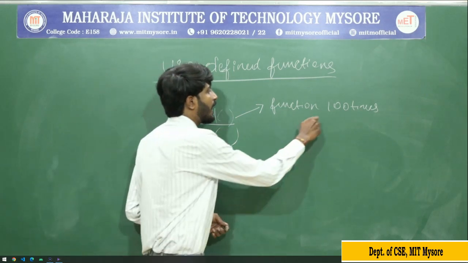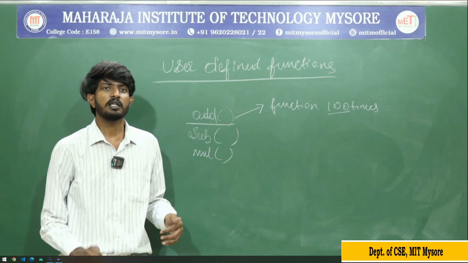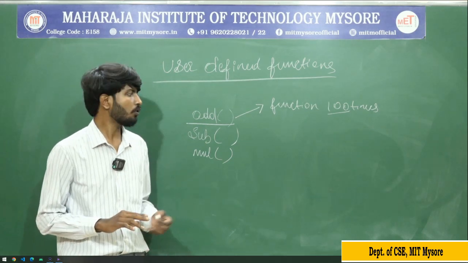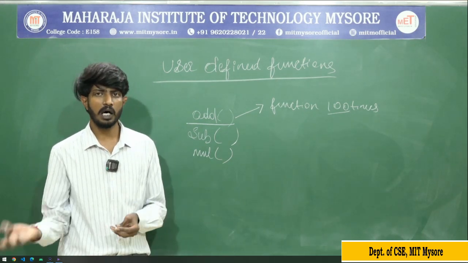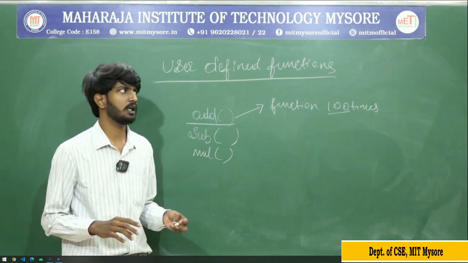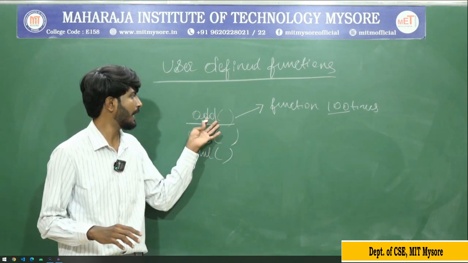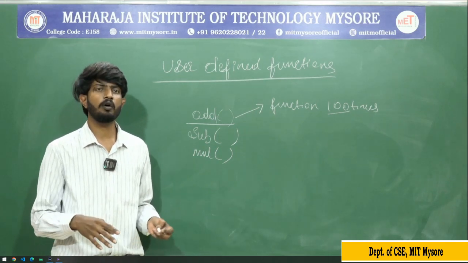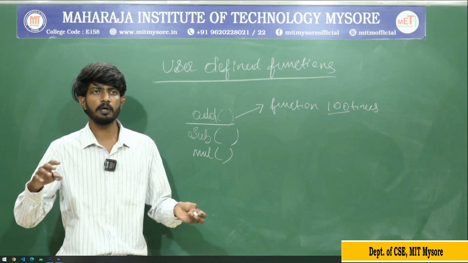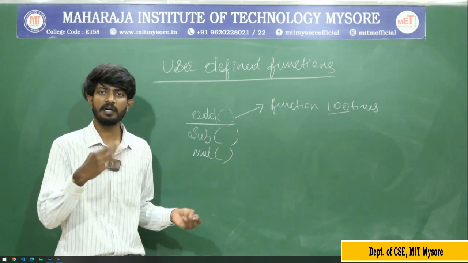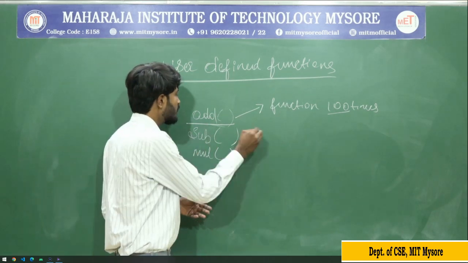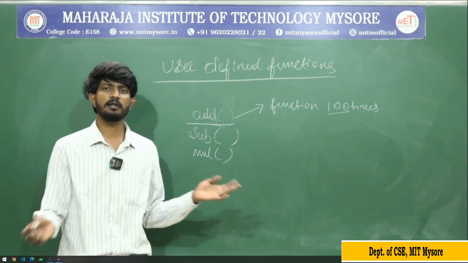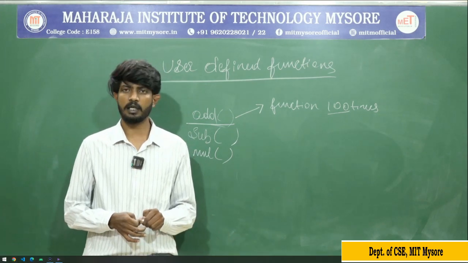I can call it 100 times, so code redundancy can be avoided. I cannot write the code a equals b plus c every time if I need to call add 100 times. So I can call this function 100 times and avoid code redundancy.